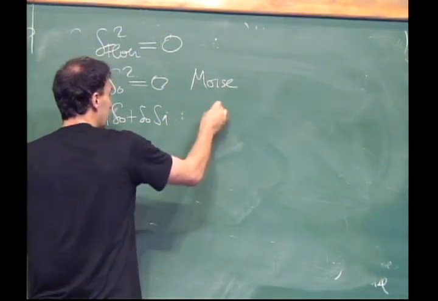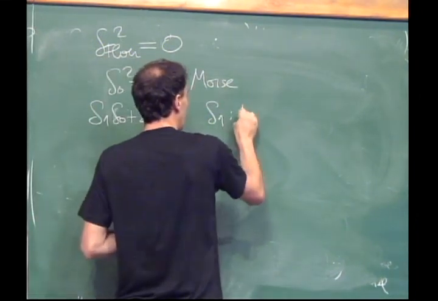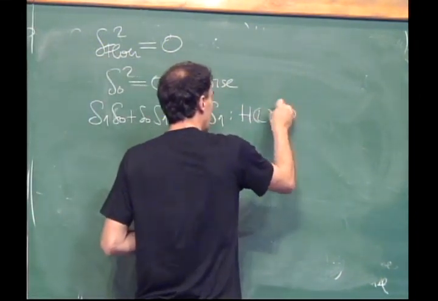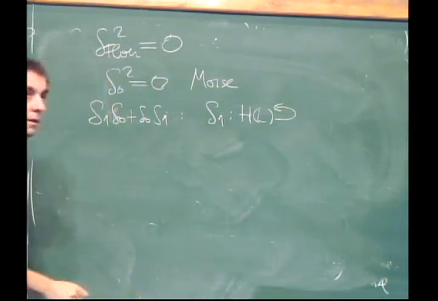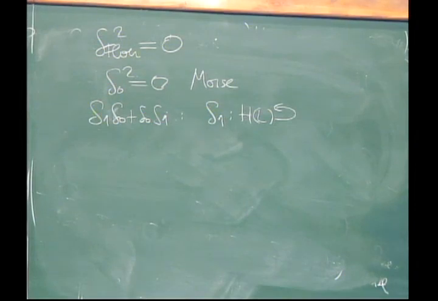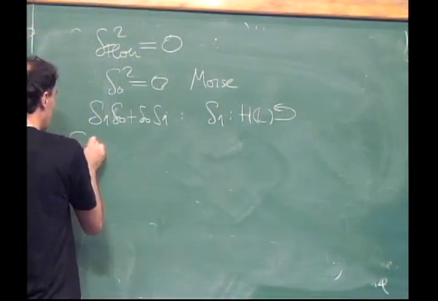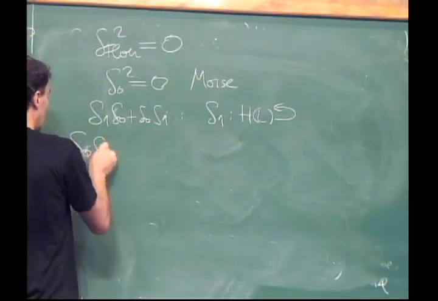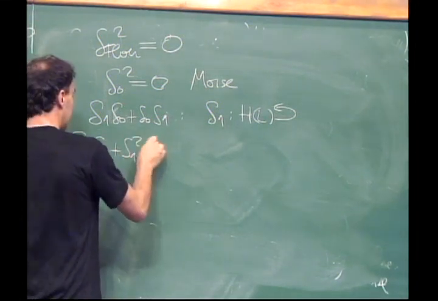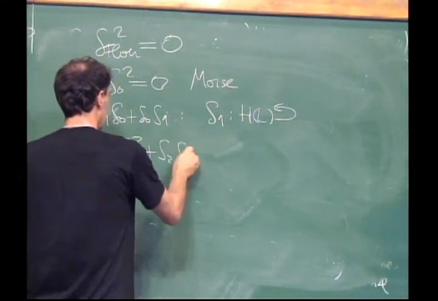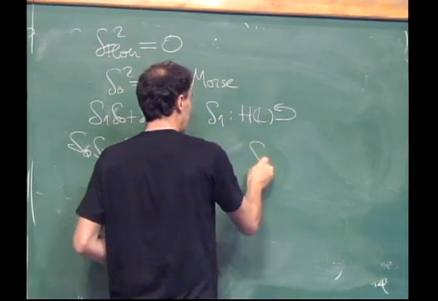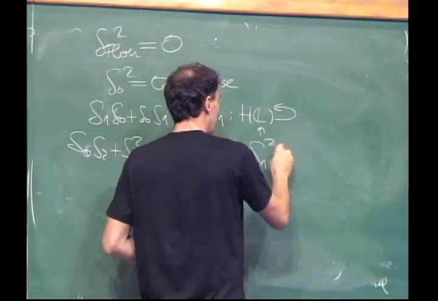And this just means that d_1 can be defined on the usual homology of L, with this shifting grading. The third one just tells you that d_1 squared is 0.